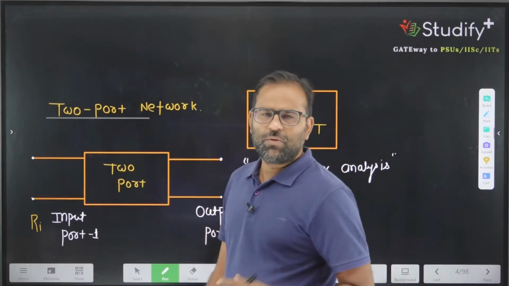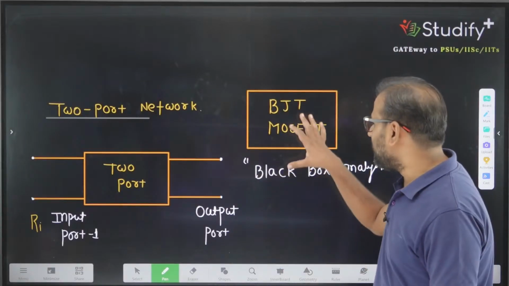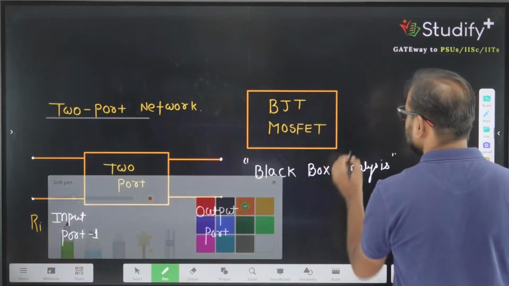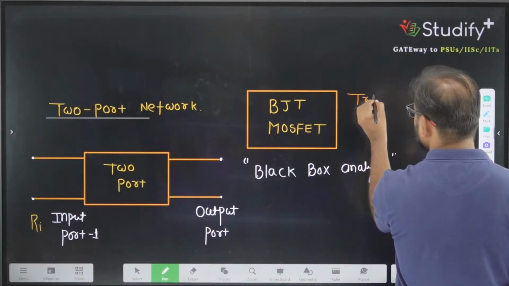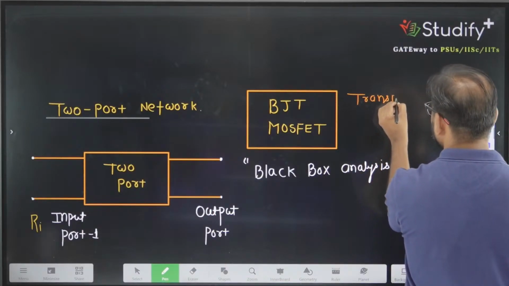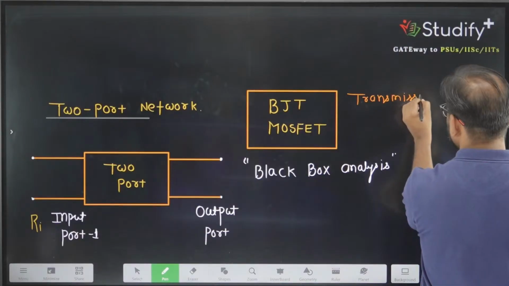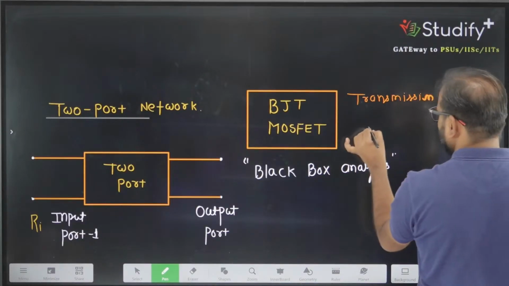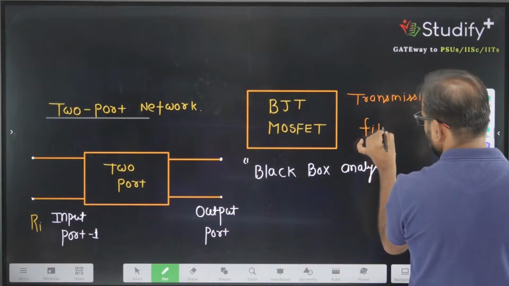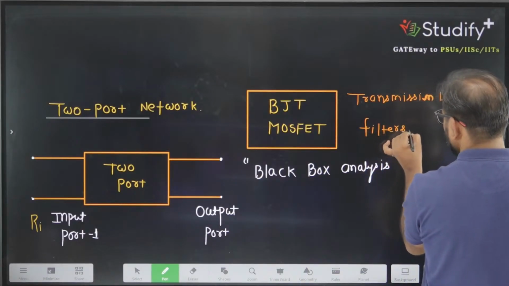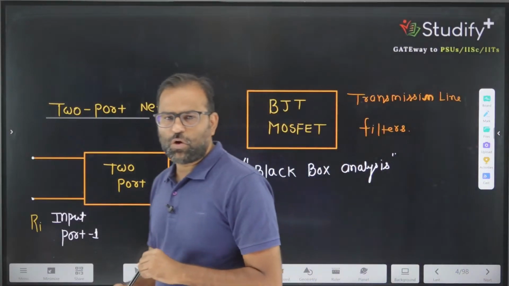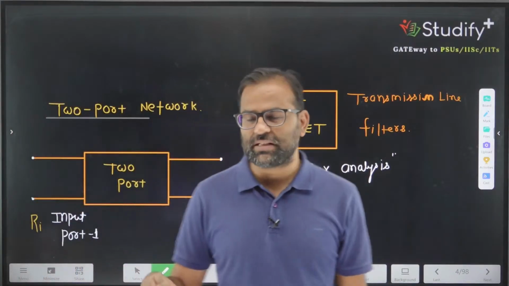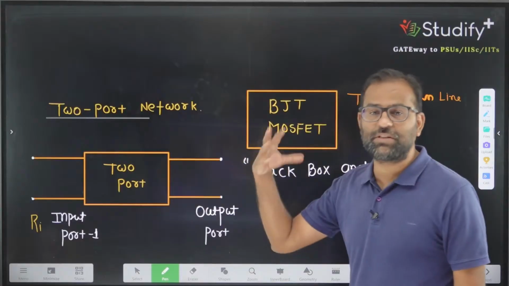So for any voltage-current analysis, for designing any device, for BJT, MOSFET, for transmission line, for filters, all this requires certain parameters that tell how these devices will interact with the network.